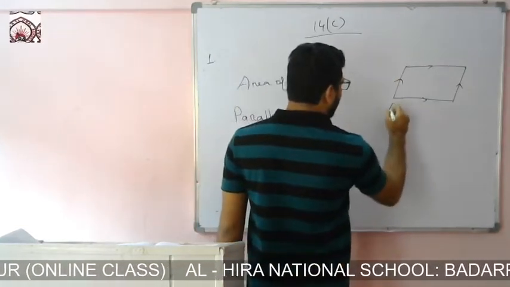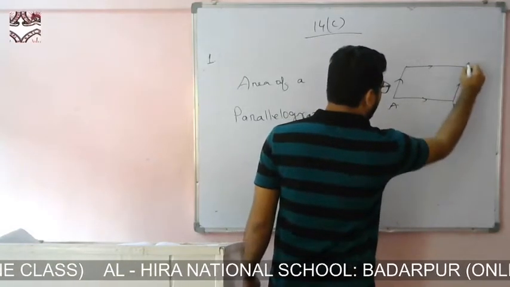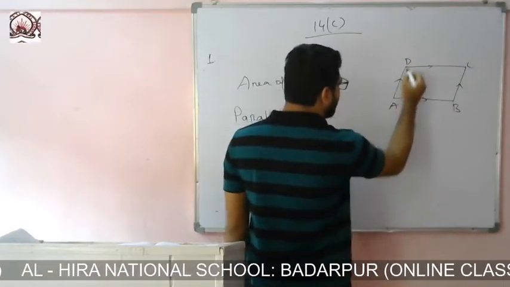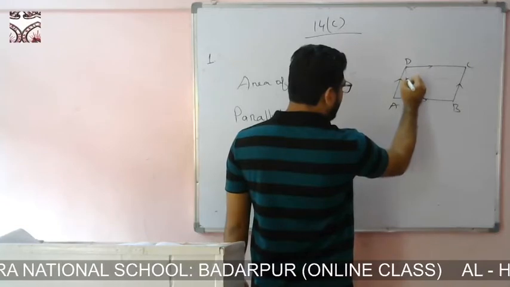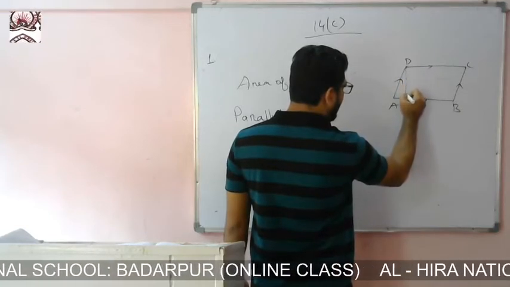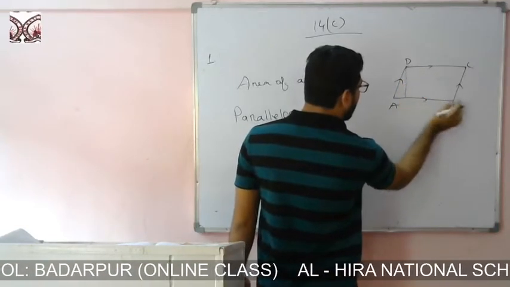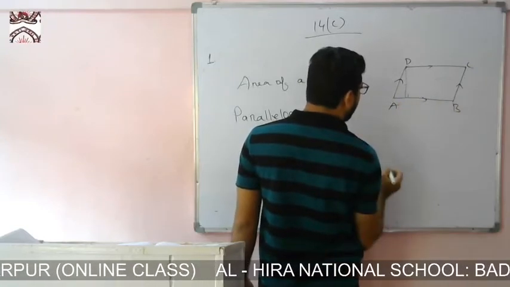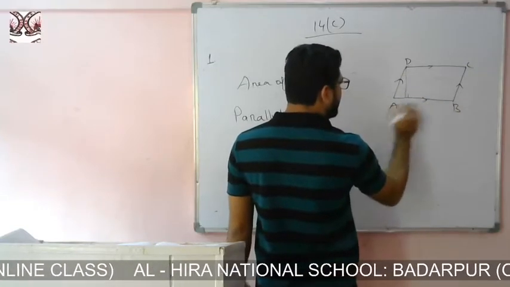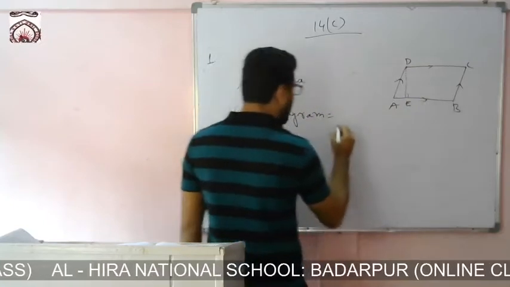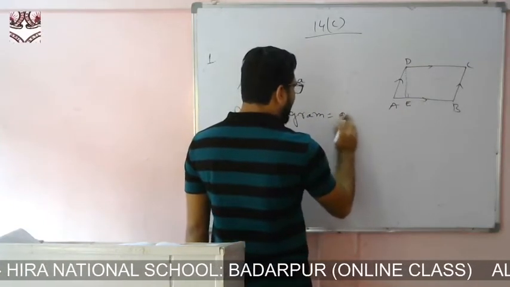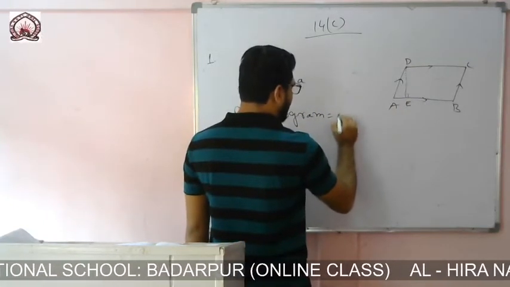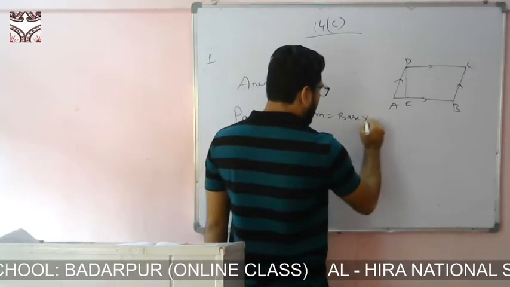Suppose this is ABCD, and the height will be, you see, a straight line which touches the base at 90 degrees. That is the height. Then base into height.